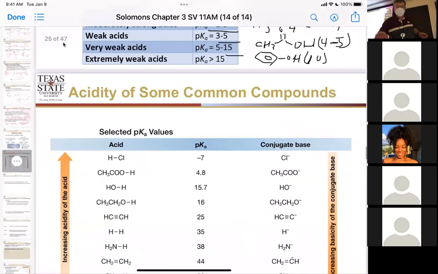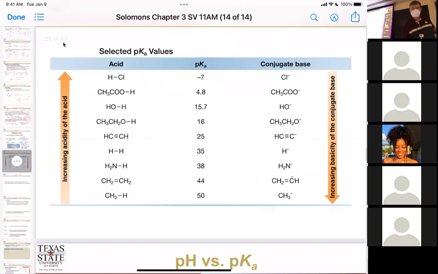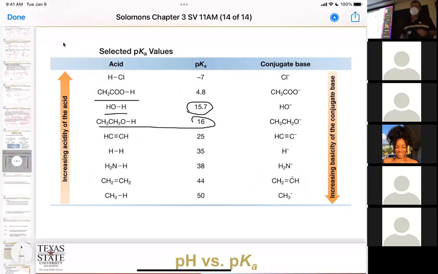So when we talk about the general scale here, we want to talk about our acids in the context of the pKa. We have our HCl, which is our strong acid, and then acetic acid, and then water and alcohols just above 15. The smaller the number is, the stronger the acid; the larger the number, the weaker the acid.